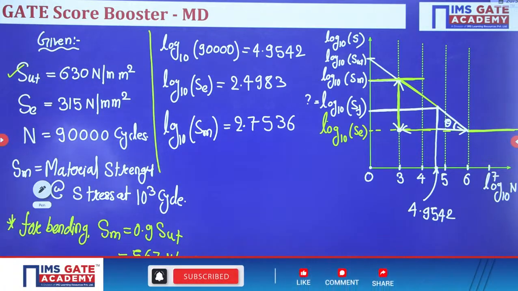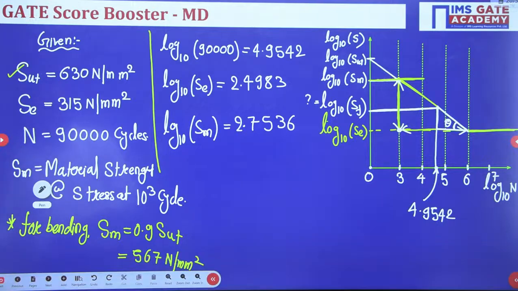SF divided by the corresponding value SE, and the SE value is given as 2.4983.